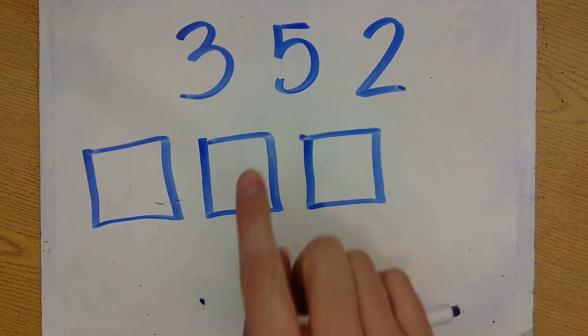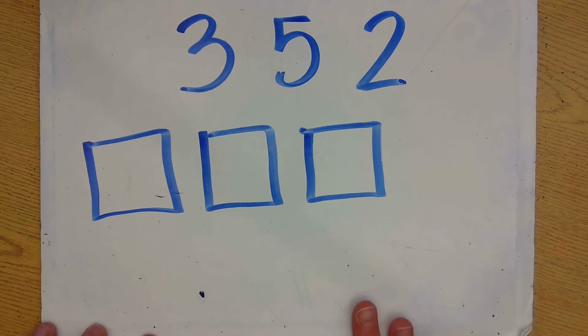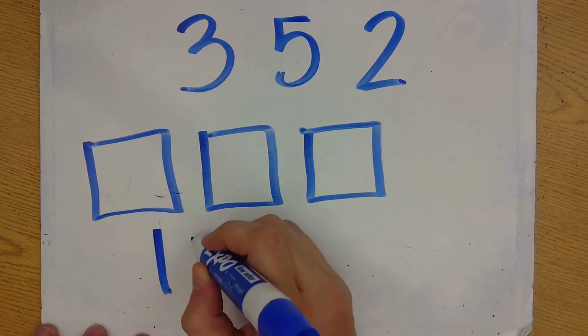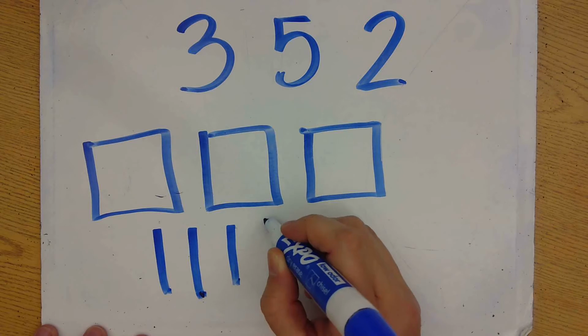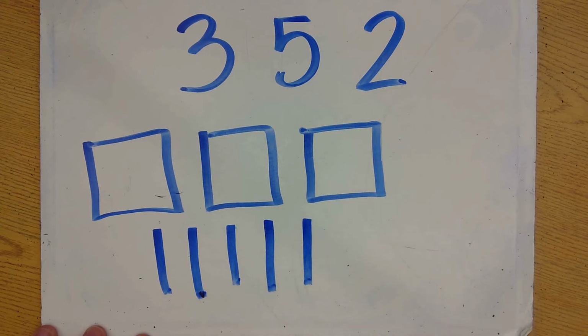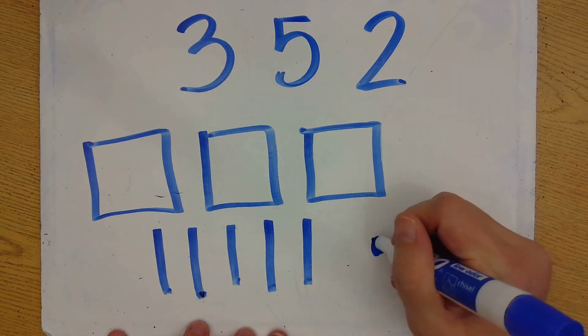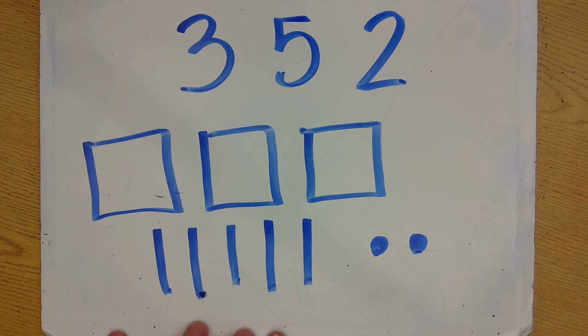There is a 5 in the tens place, so we are going to draw 5 longs. Great job. And there is a 2 in the ones place. We are going to draw 2 cubes. Does your work match my work?